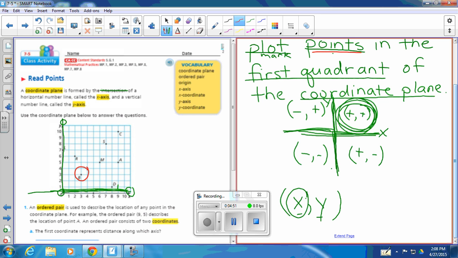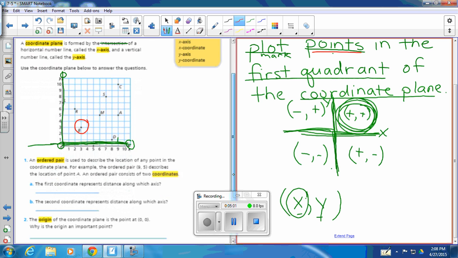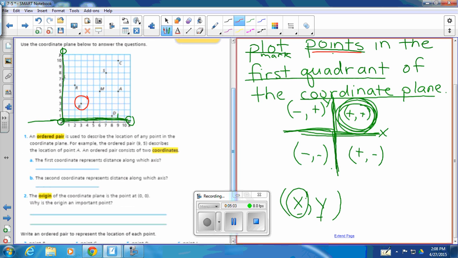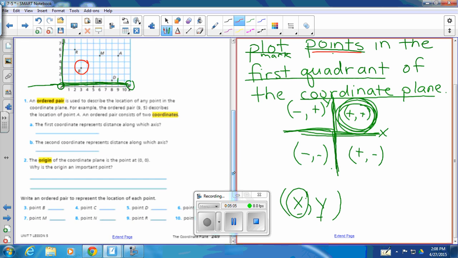Okay. Now we want to write the ordered pair for point B. So if you look, I'm looking at number 3 right now in your book. Let me scroll down here so we can see it up here too. Okay, so I'm looking, here we go, number 3, point B. It says write an ordered pair to represent the location of each point. So point B, we start at 0. Remember, x comes first, so we need to go on the x-axis. How far over on x do we go?